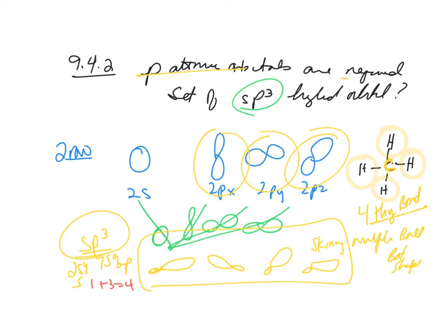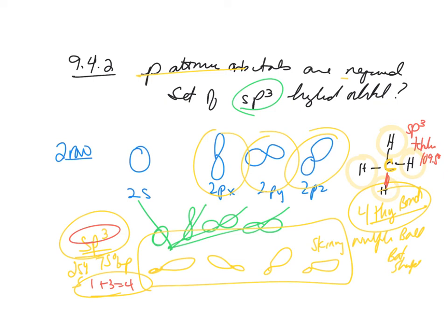We need the sp3 because the superscripts have to add up to the number of things bonded. You see? So this is sp3, and you always will remember that sp3 is tetrahedral, and that's 109.5 degrees. And that describes the shape. All right, so let's go on.